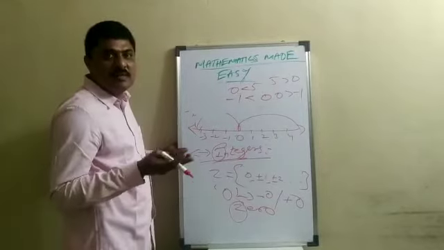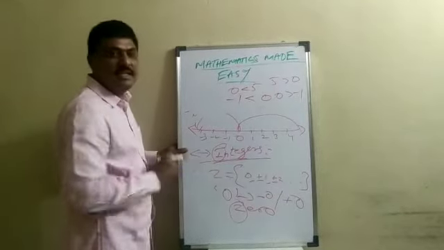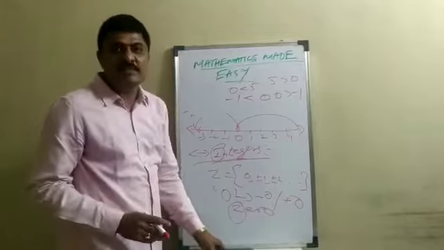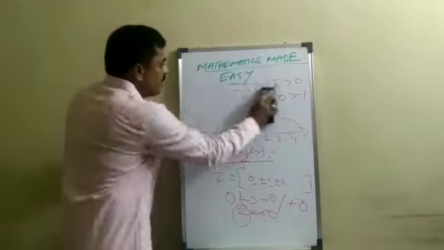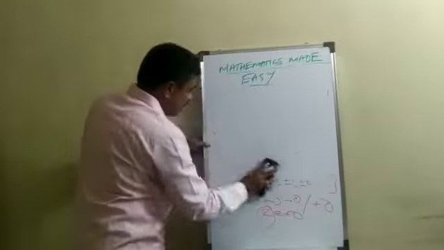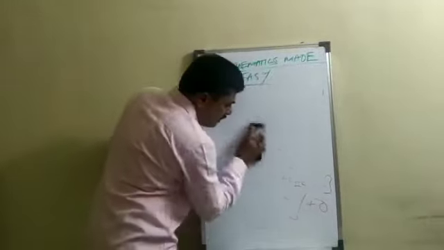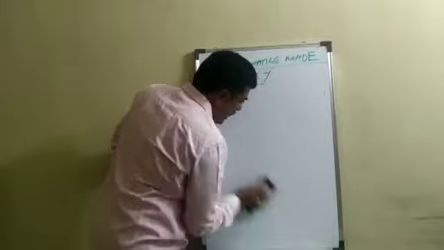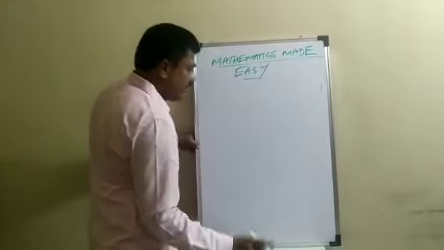Now we have seen natural numbers, whole numbers, and integers. In this integers family, we have all natural numbers and whole numbers. Natural numbers and whole numbers are there in integers.